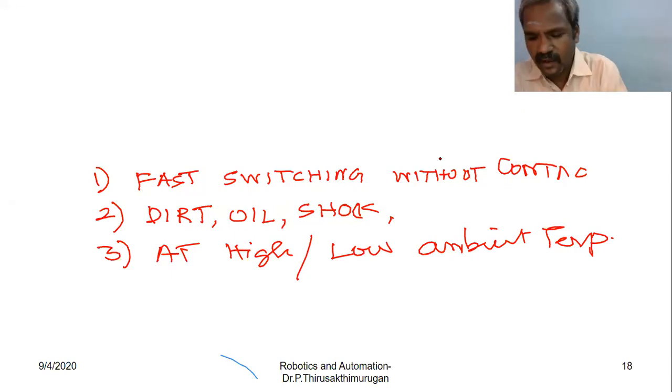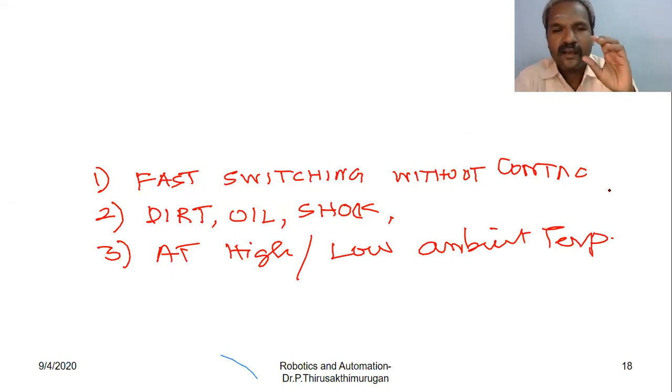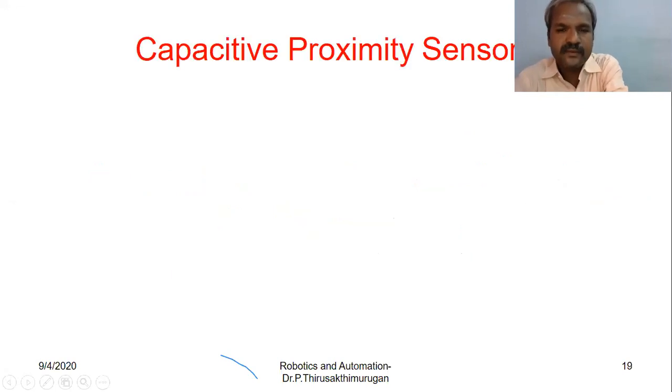Apart from this, as we saw in the very first slide, these sensors are used to detect objects, for verification, and object counting. This all is included in the applications. So next is the capacitive proximity sensor.